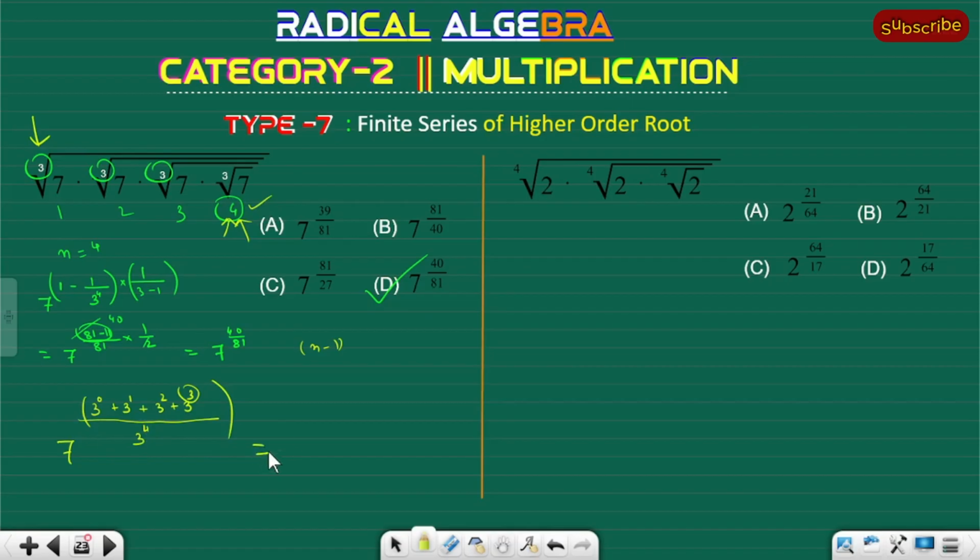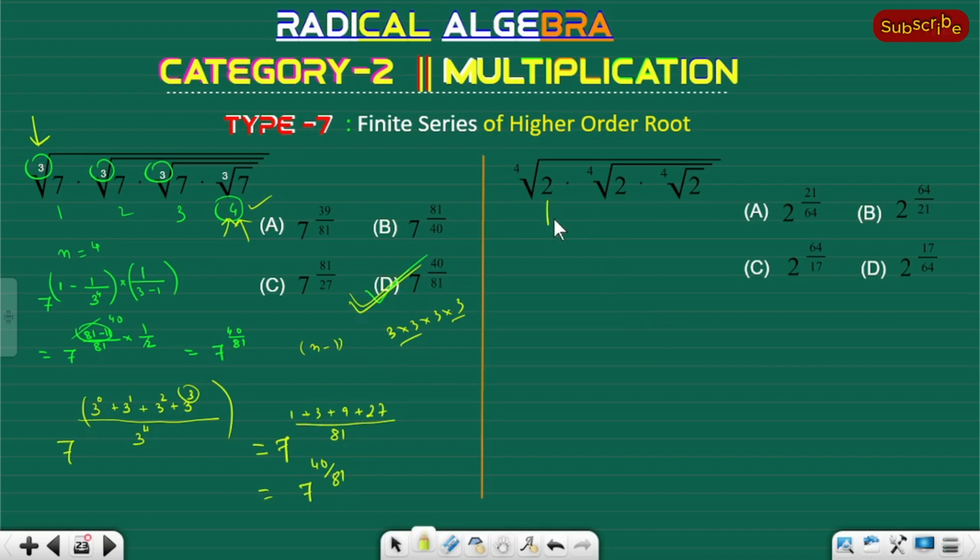So 7 raised to the power of 1 plus 3 plus 9 plus 27 divided by 3 raised to the power 4 means 81. See, 27, 30, 39, 40, equal to 7 raised to the power 40 by 81. This one, D.